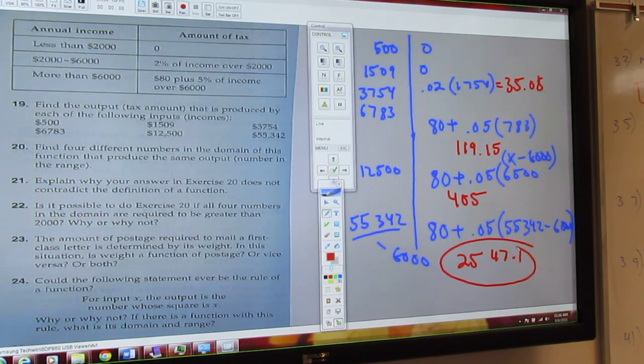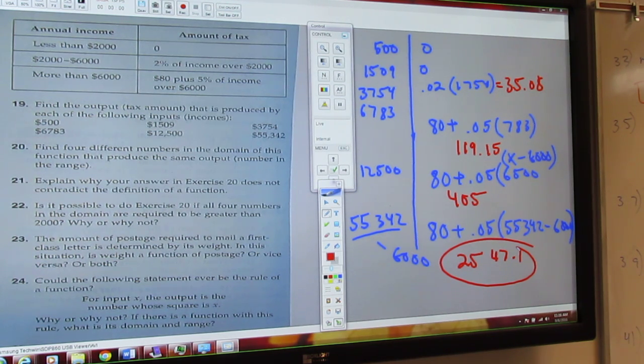Good. Okay. Number 21. Explain why your answer in 20 does not contradict the definition of a function. Find 4 different numbers in the domain of this function that produce the same amount. So, in other words, can there be the same amount?